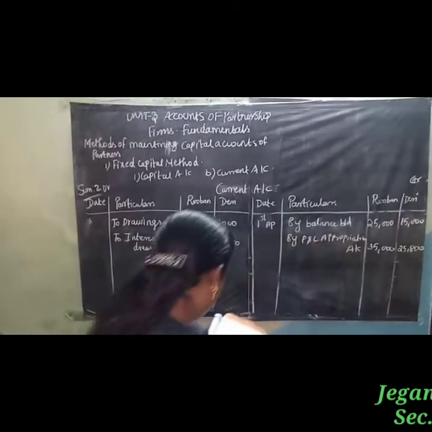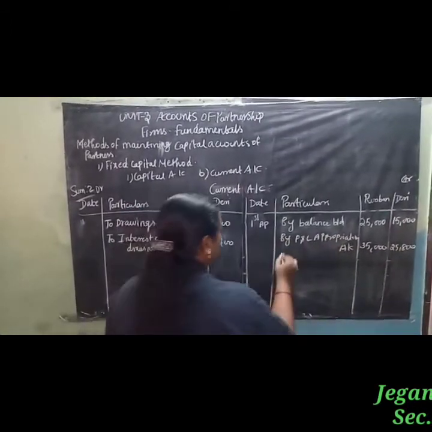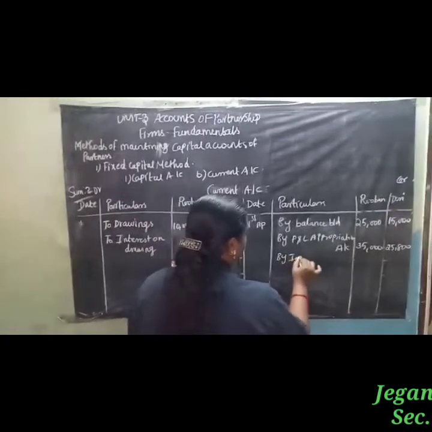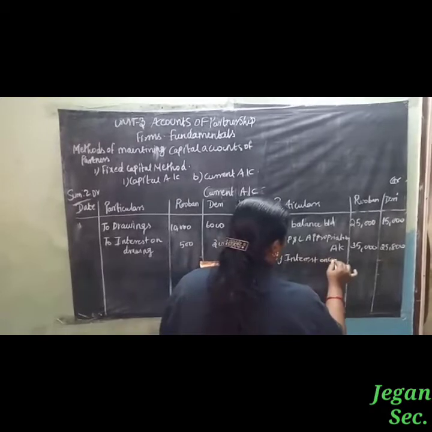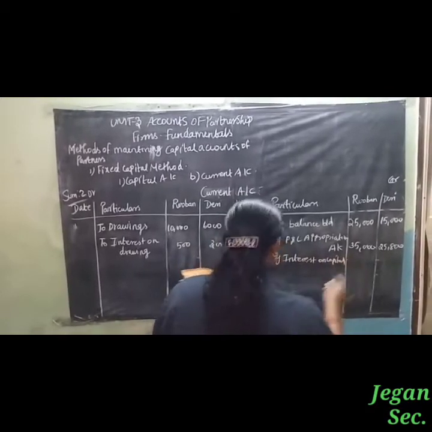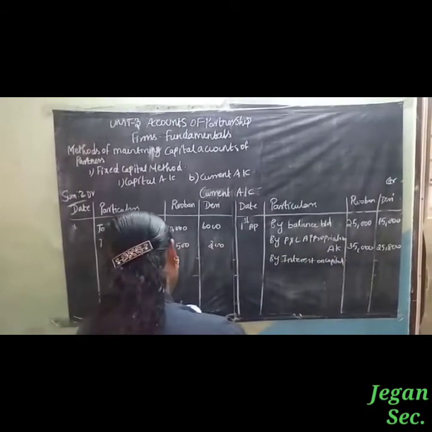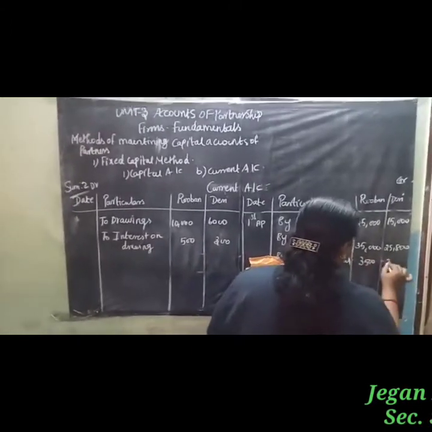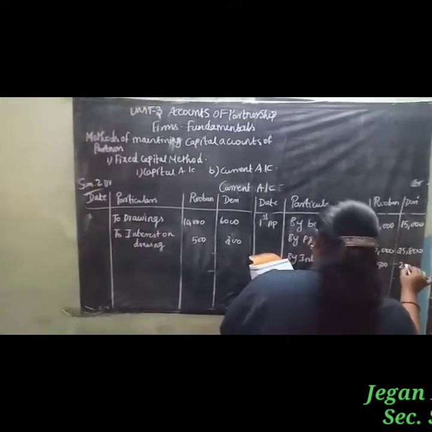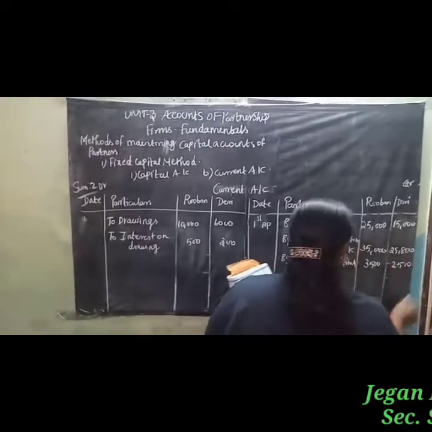The next is interest on capital: 3,500 for Reuben, 2,500 for Derry.